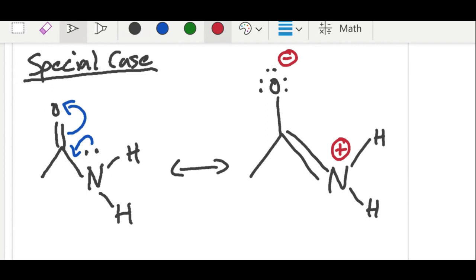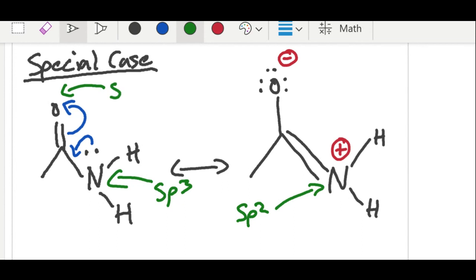And in hybridization, this is sp3, but this, because it lost its lone pair and it turned into a double bond, whether it's a single bond or a double bond, it's still 1 electron domain. Okay, so it's going to be sp2 now. All right, so real quick, let's also take a look at oxygen. Okay, oxygen in its current form is sp2, but now it turned into sp3.